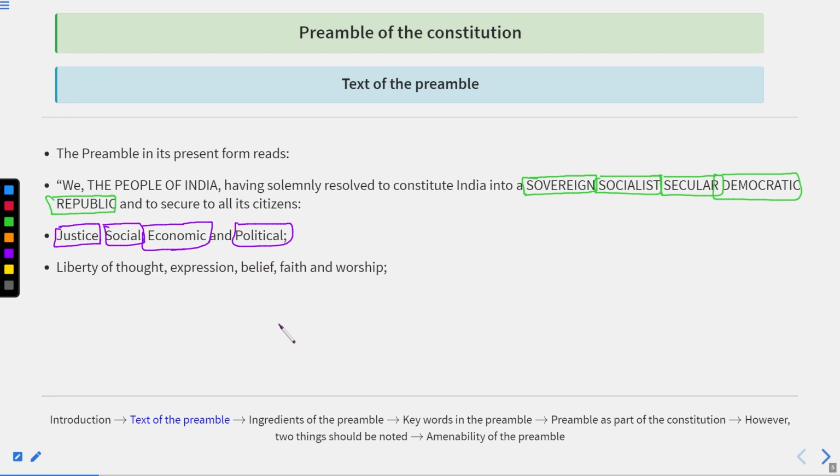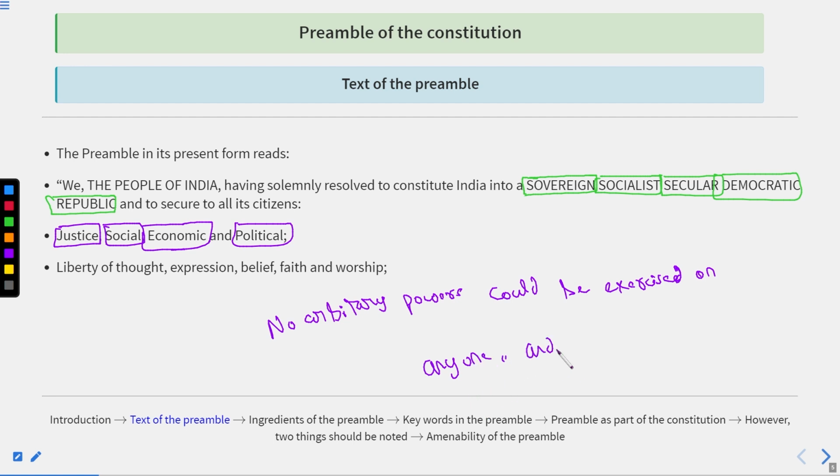Political, it means that no arbitrary powers could be exercised on anyone, and everyone is politically free.